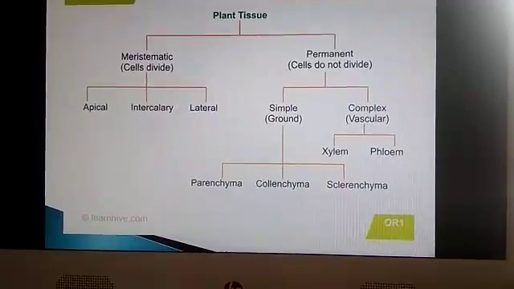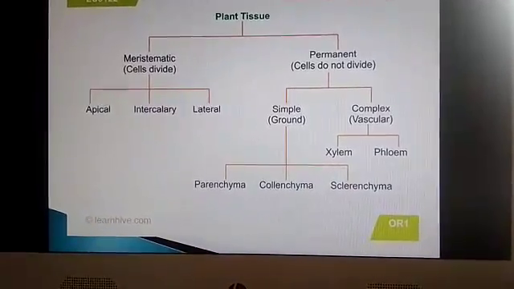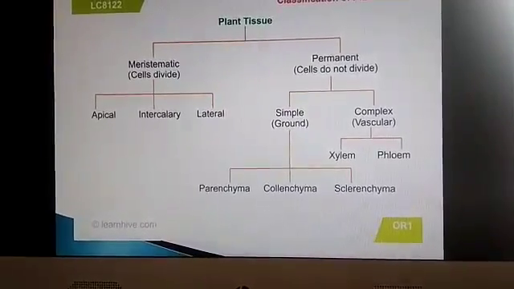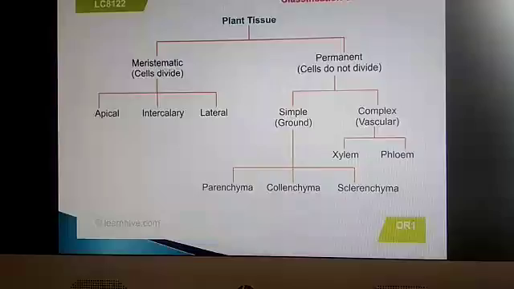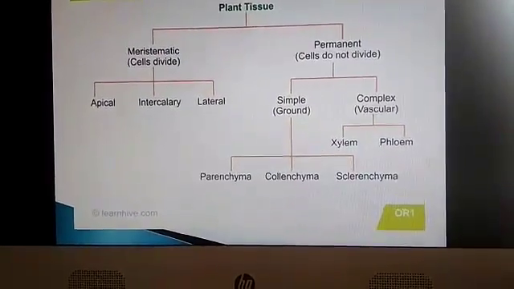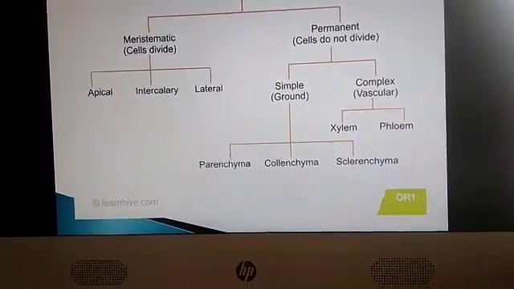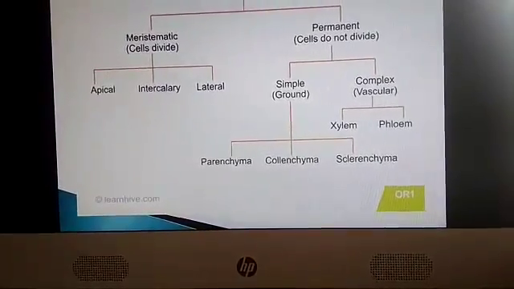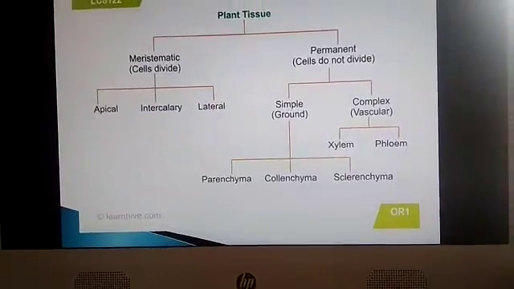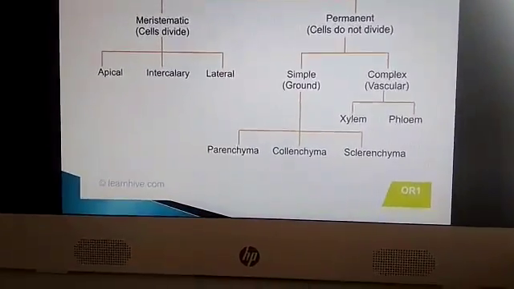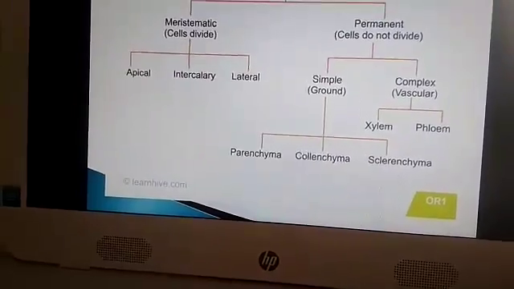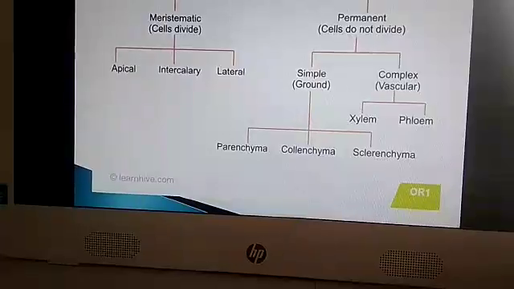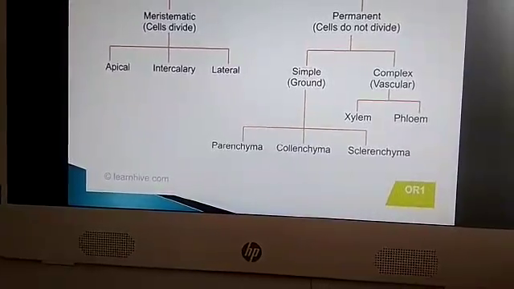In the permanent tissue, cells do not divide, but we have simple ground tissue and complex vascular tissue. Simple tissue is again divided into parenchyma, collenchyma and sclerenchyma. Complex tissue is divided into xylem and phloem tissues. So in meristematic tissues the cells divide and form apical, intercalary and lateral meristematic tissue.